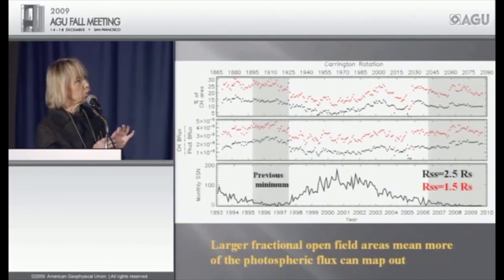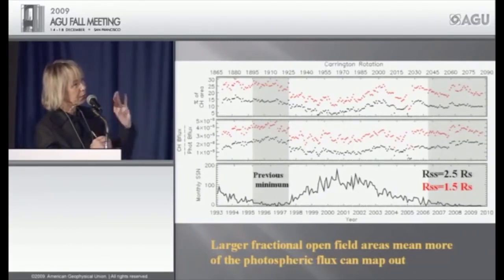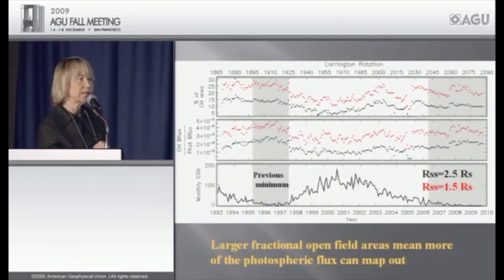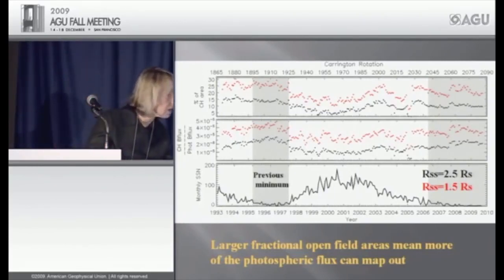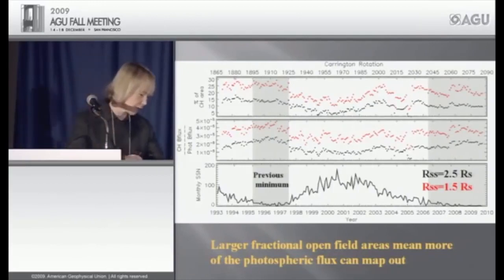And in theory, we think we're switching from the black model in the first shaded band on the left with the previous minimum to the red model on the right in this minimum. And so we are indeed having a greater area of open flux here in spite of the fact that we might have a smaller polar coronal hole area.